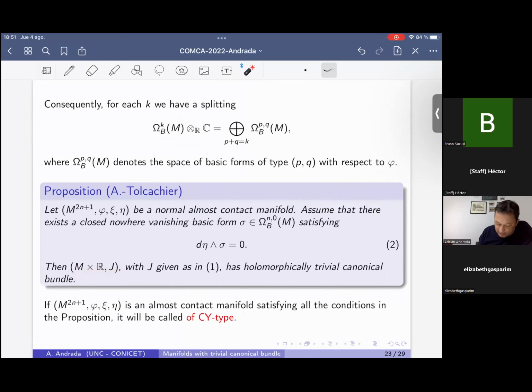The condition is this: if we take a normal almost contact manifold and assume that there exists a closed nowhere vanishing basic form which satisfies this relation, sigma wedge the derivative of eta, where eta is the one-form we had in the beginning, is 0.